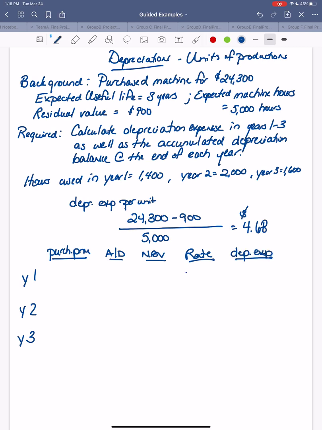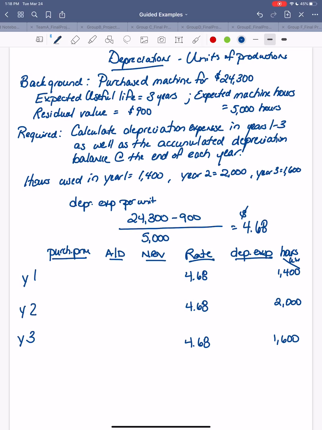All right, now my rate is always going to be $4.68 every year. Okay, what changes each year is actually the hours used. I better put that over here, hours used. So the problem tells us the first year it was 1,400 hours, the second year it's 2,000 hours, and the third year it's 1,600 hours.